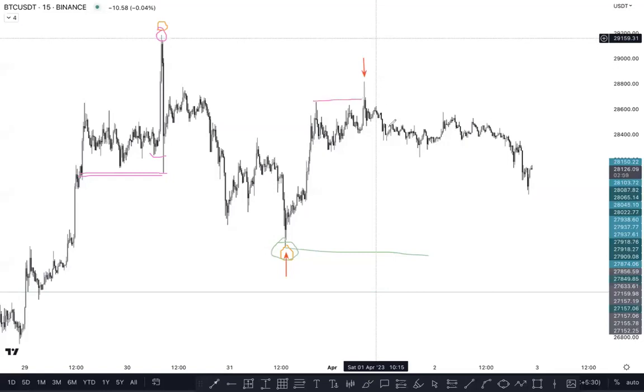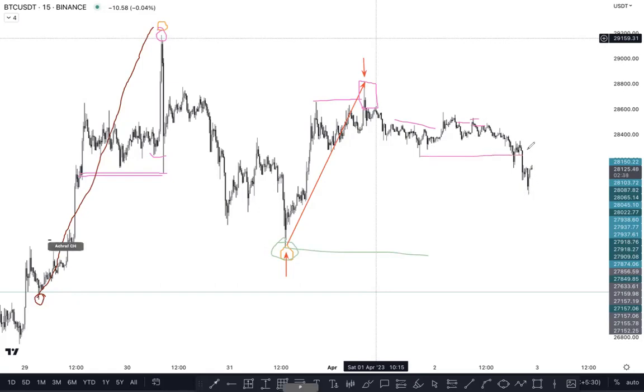Previous high swept here, push downside, single candle order block. Again, an equity sweep, sweep, mitigation till this low.